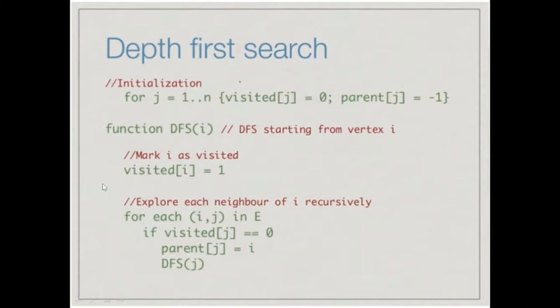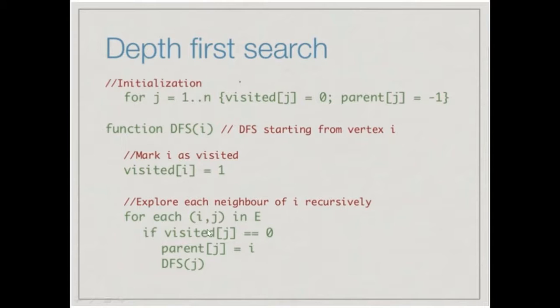If I have started from the fourth vertex, as in the example that we have taken, first I will mark it as visited. Now I will start the loop. In the loop, I will go through each and every neighbor of that particular i.